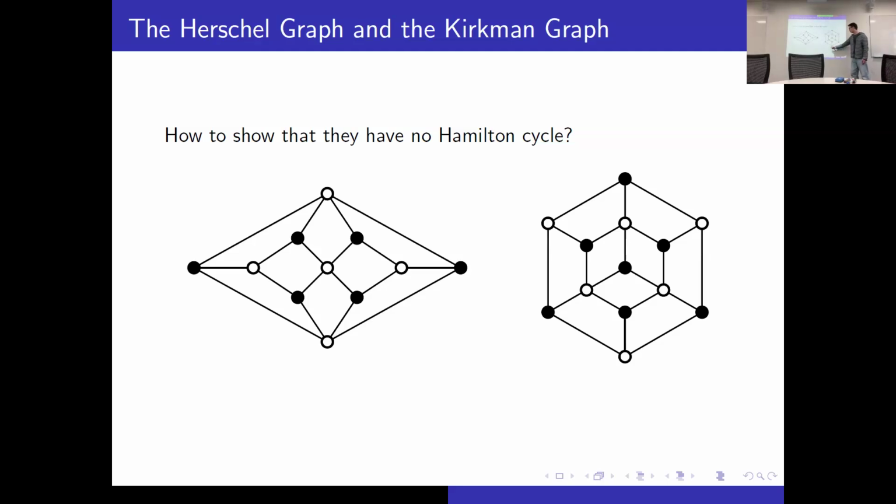So every cycle must have even length. But the number of vertices is odd. It has 13 vertices, or 11 vertices. So it's done. You cannot have any Hamilton cycle. And that's the way Kirkman proved that this graph has no Hamilton cycle.